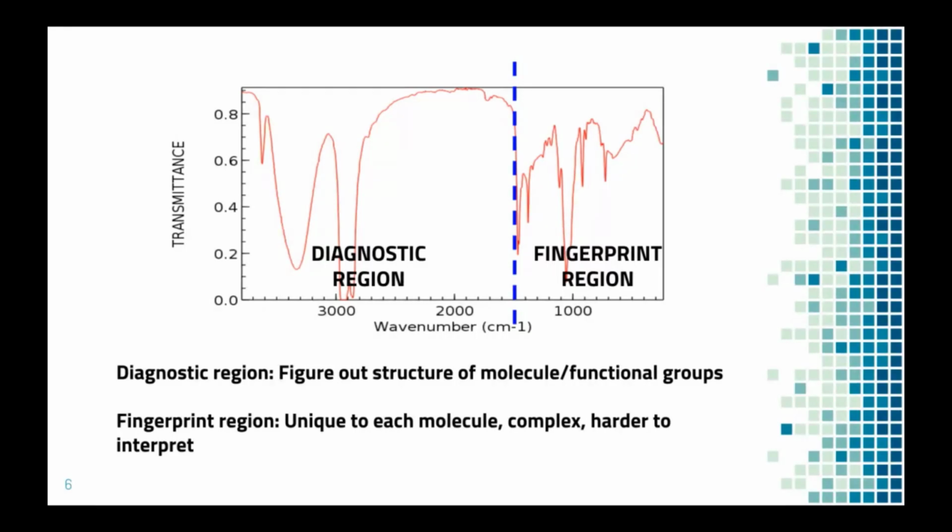We typically look above 1500, which is called the diagnostic region, and we are able to figure out the structure of the molecule and the functional groups based on the signals we see above 1500. So we don't disregard the signals below 1500, but we don't pay as much attention to them.